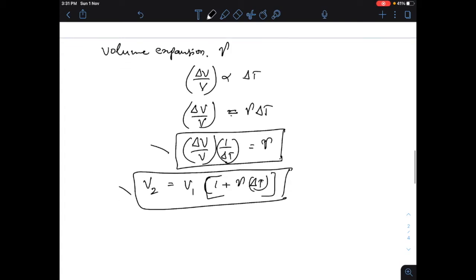And the SI unit for thermal expansion is per degree Kelvin.